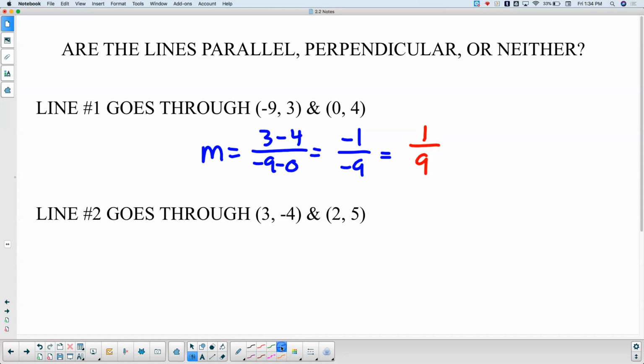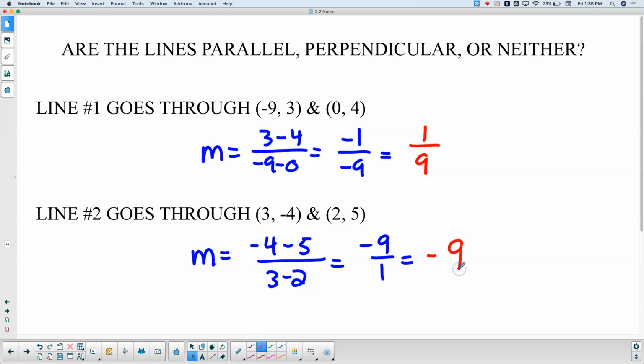I get a slope on the second one of -4 minus 5 all over 3 minus 2. That gives me a slope of -9 over +1, which is -9. Okay?